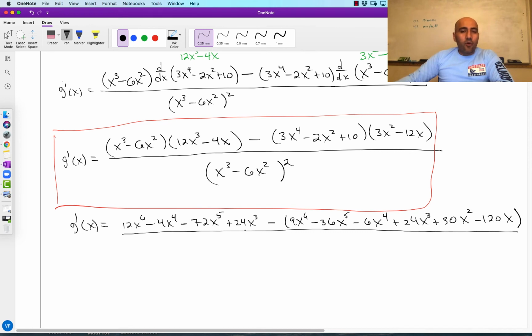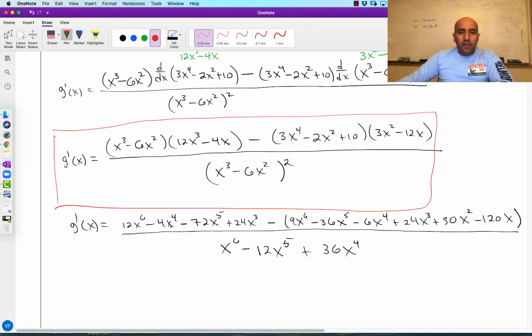So again, you could FOIL it all out, and we'd end up with x to the 6th power minus 12x to the 5th power plus 36x to the 4th power in the denominator. And then we can combine some like terms.